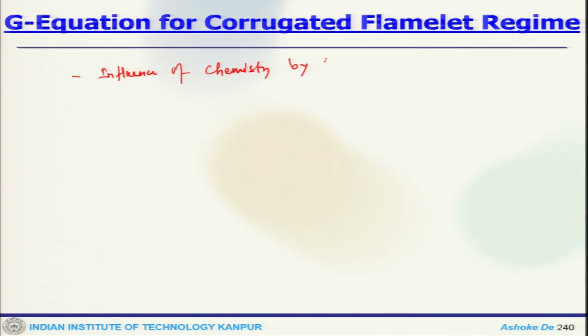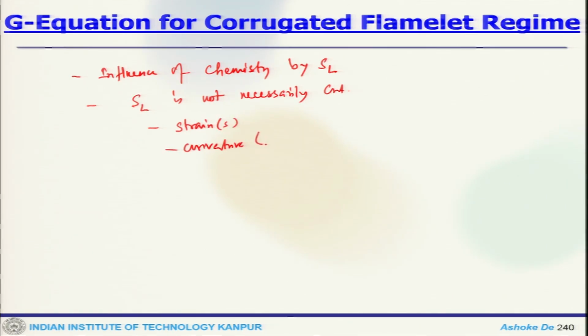Now, we see the other thing, like what is the influence of chemistry by SL. Now, SL is not necessarily constant, but it is influenced by strain, curvature, which is kappa, and Lewis number.